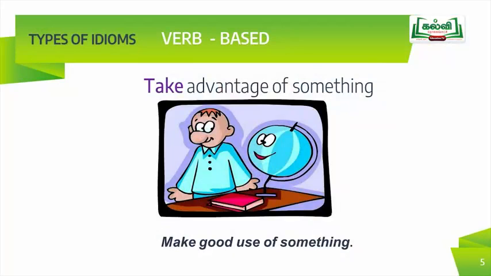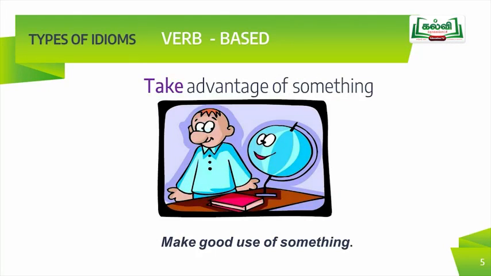Okay, do you know the different types of idioms? Many are based on verbs, prepositional phrases, noun phrases, and sayings or proverbs. Let us learn them one by one. First, we shall start from the type of idioms based on verbs.